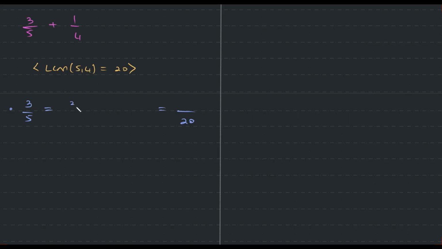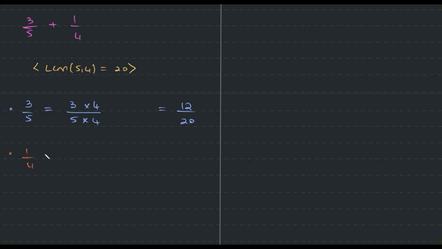How do we do that? I'll write 3 by 5. I have to multiply 5 with something so that I end up with 20, so it has to be 4. As per the procedure, we multiply the numerator also with 4, and so we have 12 over here.